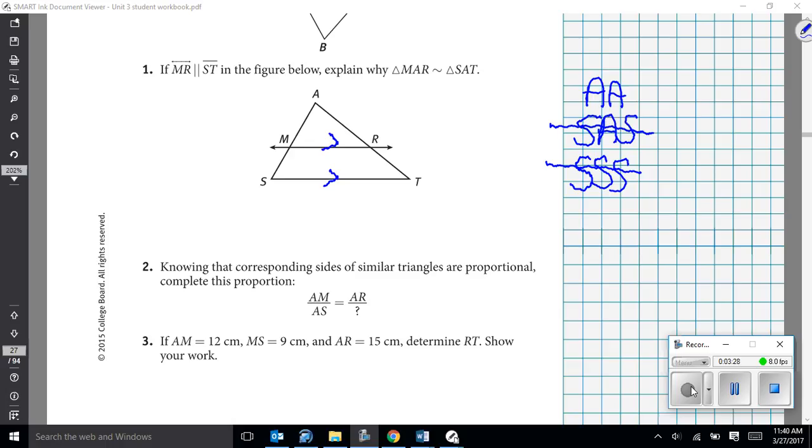All right. What angle information do we have? Sam said shared angle. What do we know about angle A? Both triangles have it, right? So is angle A going to change its size from one triangle to the other? No. So we can say that angle A is congruent to angle A, and what's our reason?